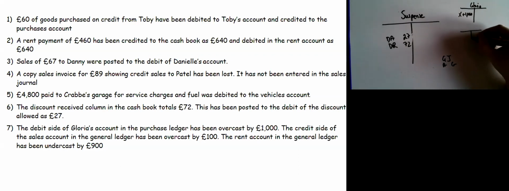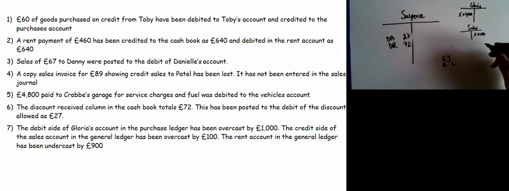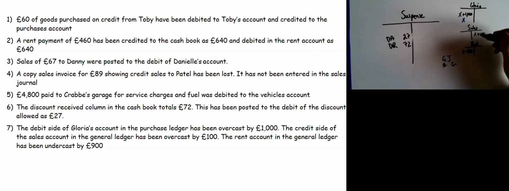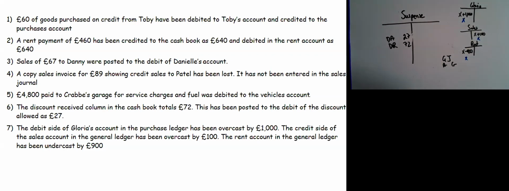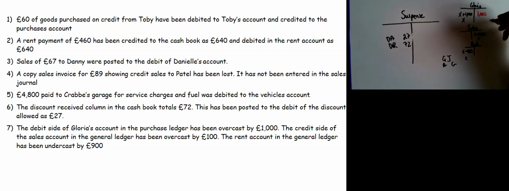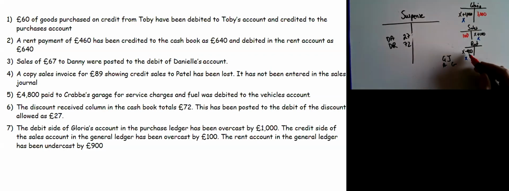The credit side of sales has been overcast by 100, and the rent has been undercast by 900. So rent's a debit, so X minus 900. But it should look like there, there, and there. So to fix it, I need to get rid of the 1,000, get rid of the 100, but here it's under by 900, so I need to put the 900 in.